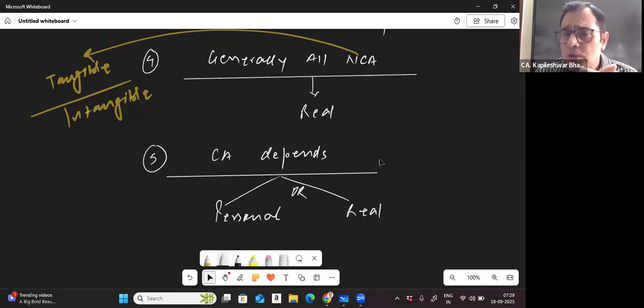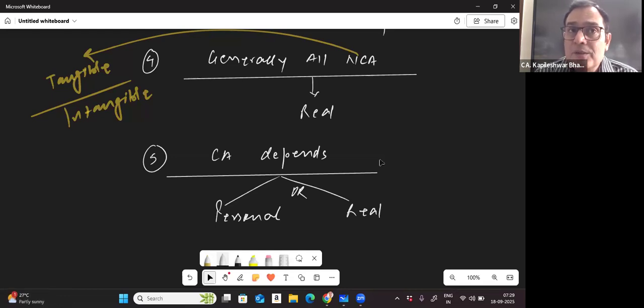So would provisions also be a personal account, provision for depreciation? Well, when you are creating a provision against an asset, generally we call them more like a liability, but they're not liability as such. I know why you're asking that question. When you consider a provision against an asset, people think that provisions are liability, but provisions against assets are not liability.